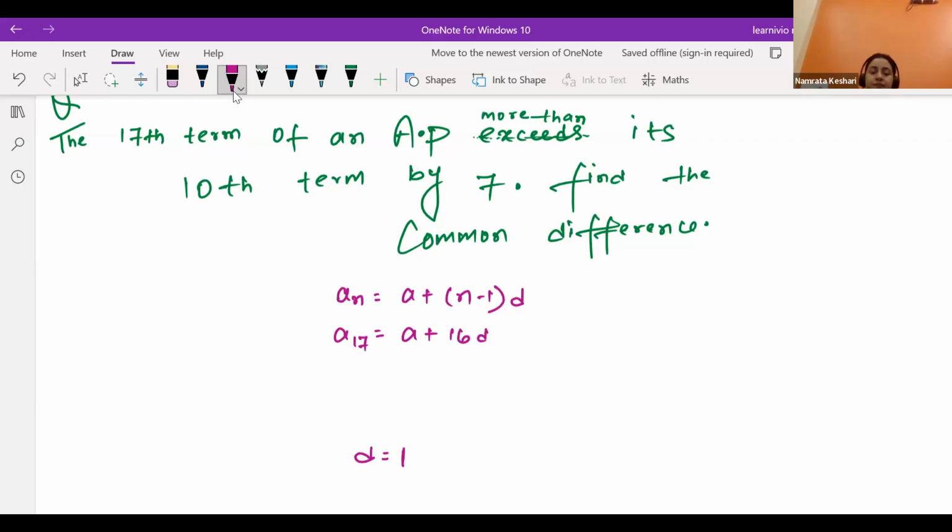And then after that, we take a on the other side.